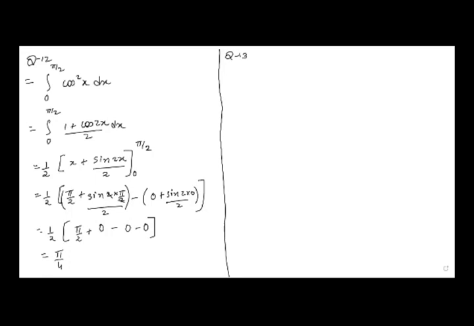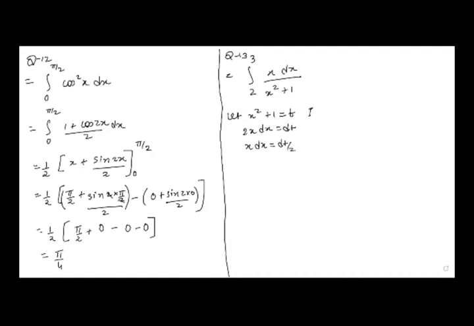13th question, here we will apply substitution, and how we can change the limits if we are applying substitution, that you will see. It is x dx upon x square plus 1. So here I will assume x square plus 1 as t. 2x dx will become dt. So x dx will be dt by 2.